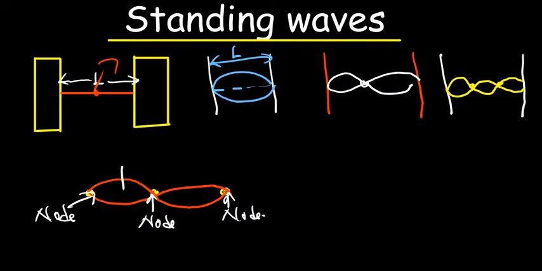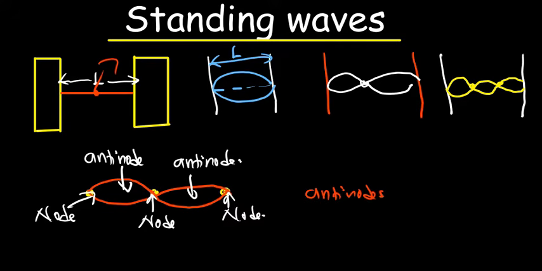This part here is what we call the antinode. The antinode, if you hear antinodes, it's the same as the number of loops.